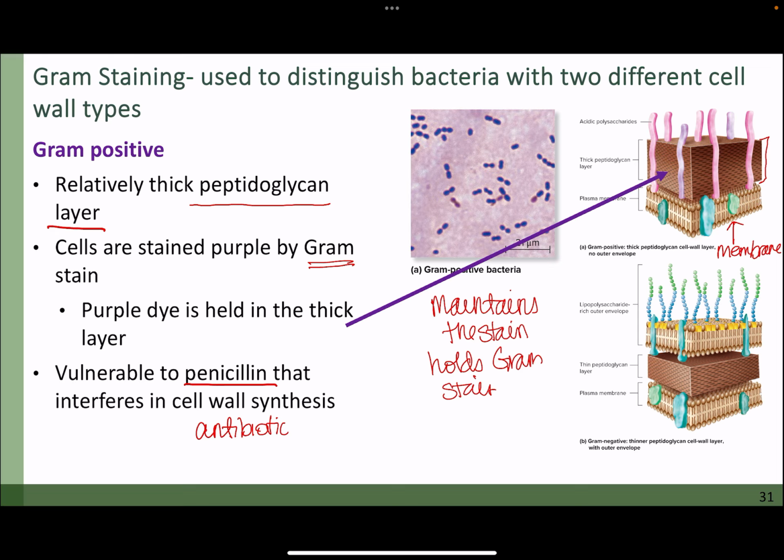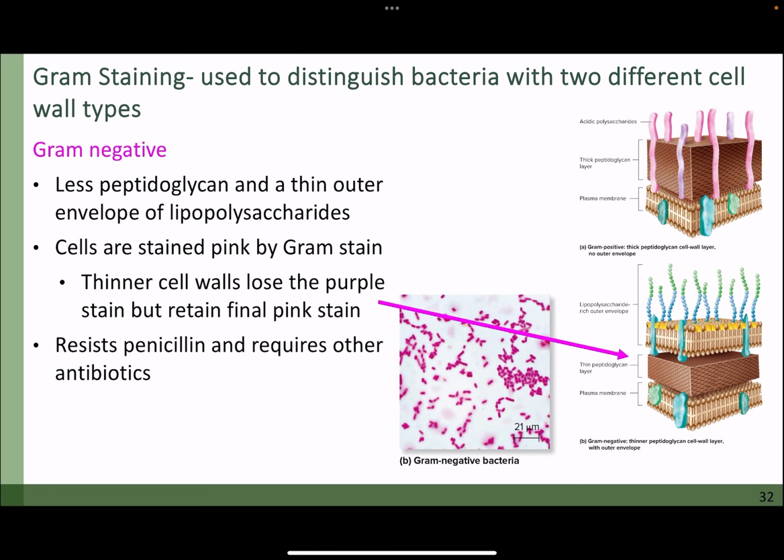During our lab, for this particular chapter, you are going to do this gram stain, and you are going to identify whether your bacteria are gram-positive with this really thick peptidoglycan wall, or if they are gram-negative. So gram-negative is the other option. The overall structure for these guys is just a little bit different.